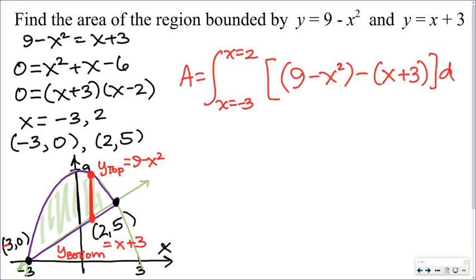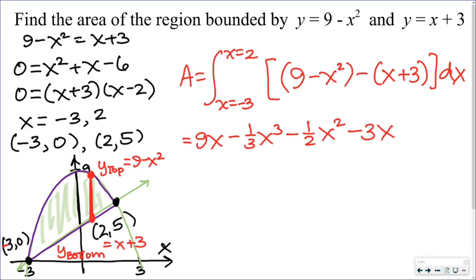That's going to integrate to 9x minus 1/3 x cubed minus 1/2 x squared minus 3x from -3 to 2. I'll just combine the two x's into a 6x.